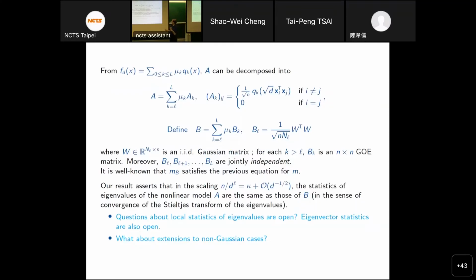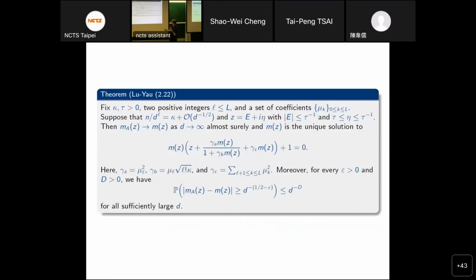So suppose you construct another model, and for this model, the mu L is a sample covariance matrix, and everything else are Gaussian orthogonal ensembles, and you assume that they are all independent. Then you find that this B, the M B, satisfies the previous equation. This equation is satisfied by M B as well.